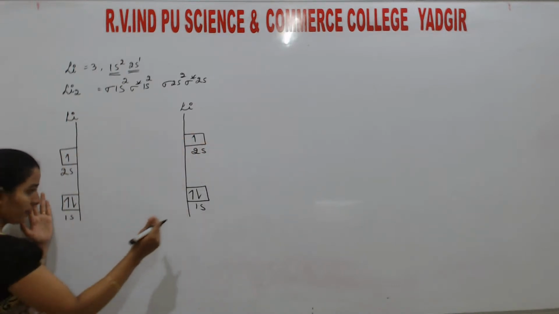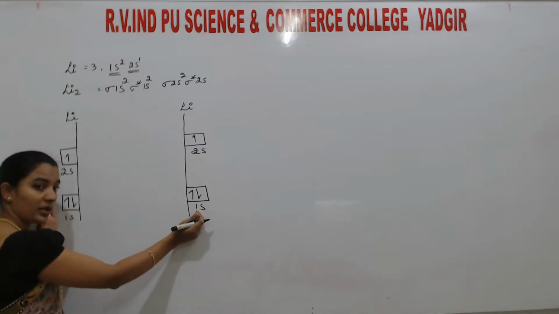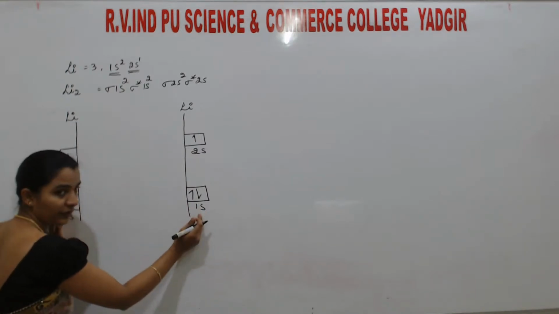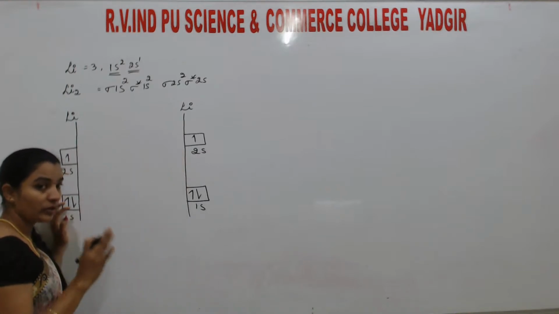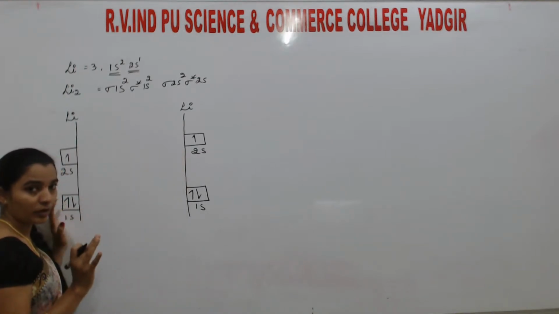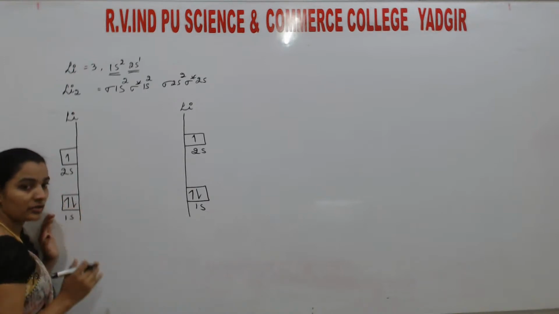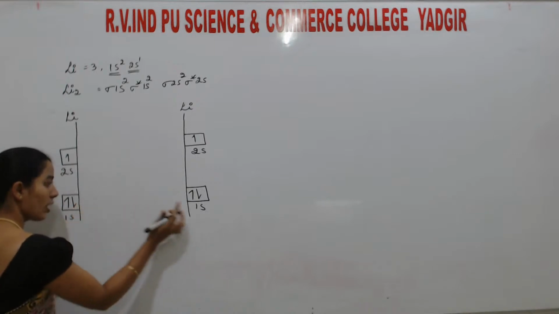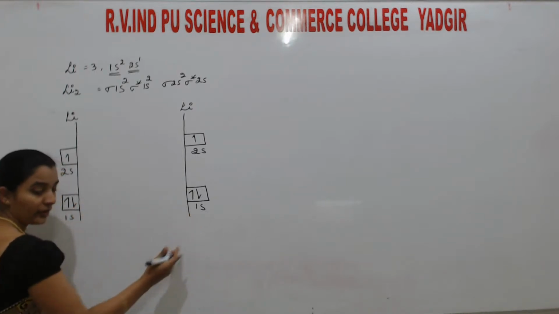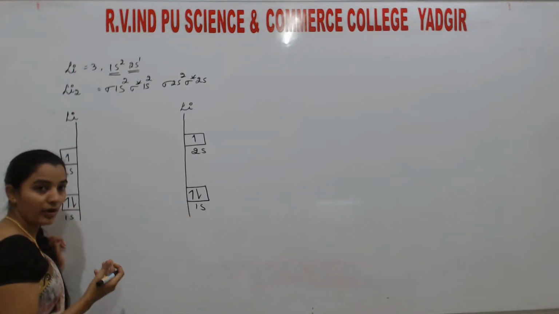Listen, atomic orbitals of the same energy combine: 1s combines with 1s, 2s combines with 2s. 1s never combines with 2s. If two atomic orbitals combine, how many molecular orbitals will form?